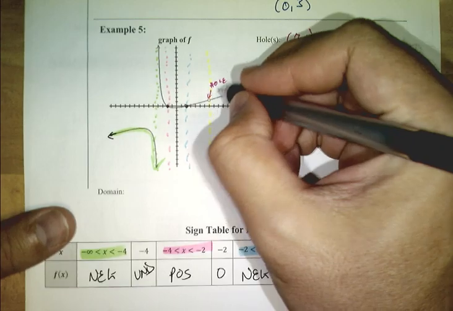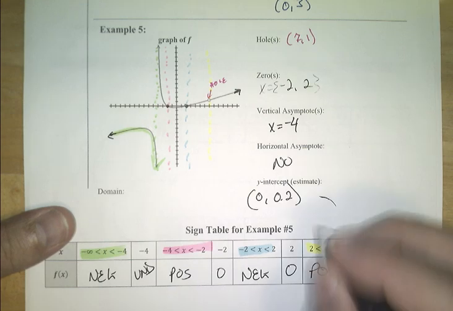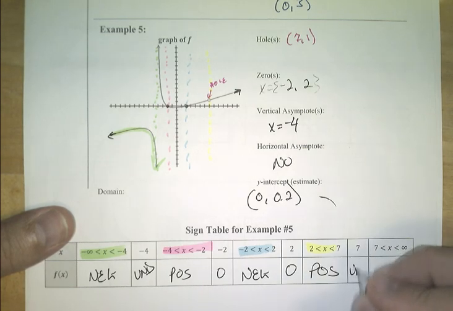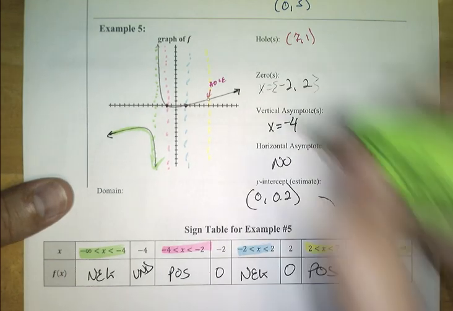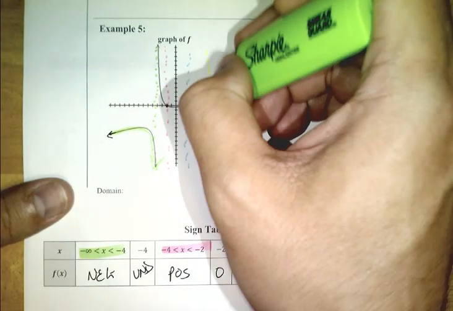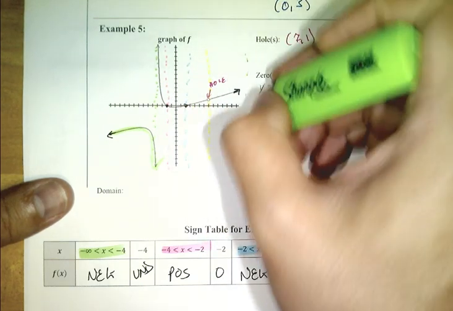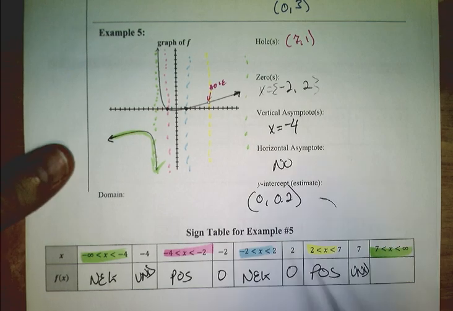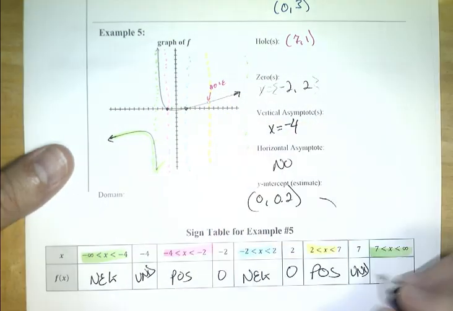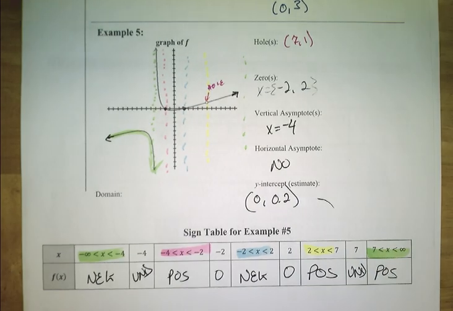And then at 7 is a hole, it's an excluded value, so this will be undefined. And then I ran out of different marker colors, so this last section, do green again, is from here all the way to positive infinity. Everything over there is above the x-axis, so that'll be positive.